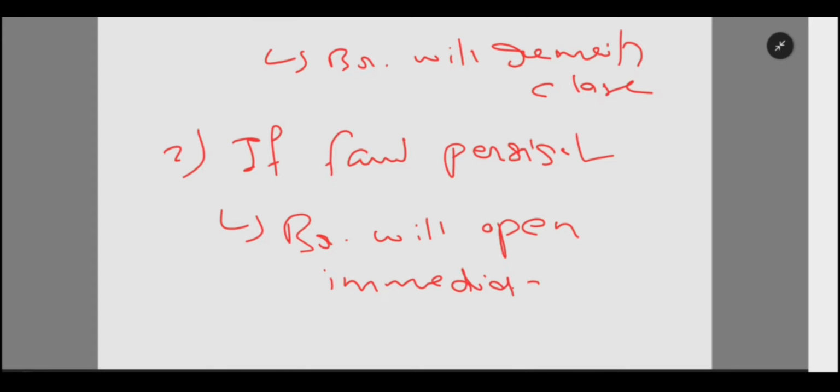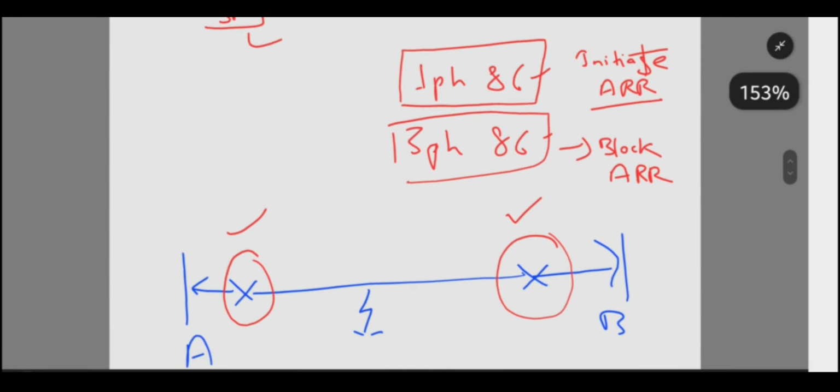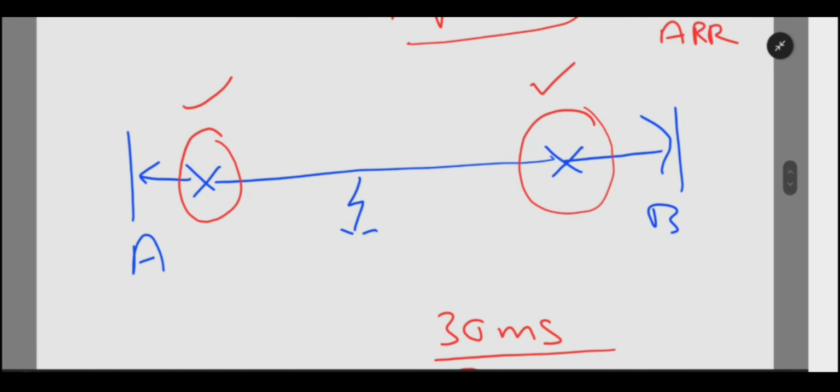In most cases, only a single auto reclosure is incorporated, but in some transmission lines, 2 times auto reclosure can also be incorporated. In the 2 times auto reclosure, the relay will wait for 3 minutes and again give a closing command to the breaker.